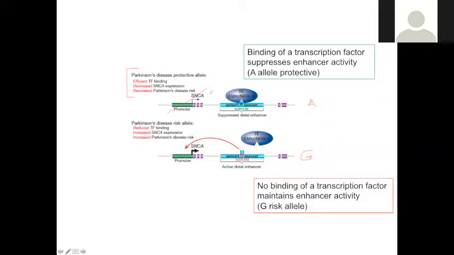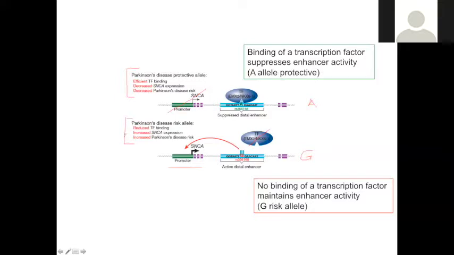The repression of alpha-synuclein reduces Parkinson's disease risk. However, a G allele prevents the binding of the transcription factor, allowing enhanced transcription of the alpha-synuclein gene. The transcription of alpha-synuclein increases Parkinson's disease risk.